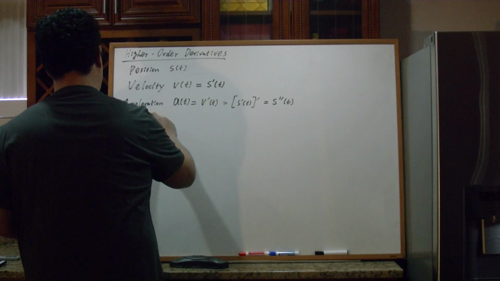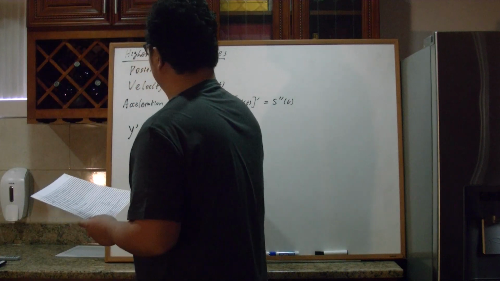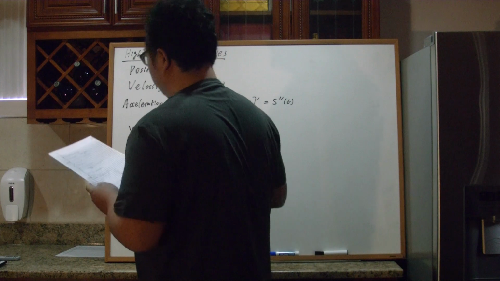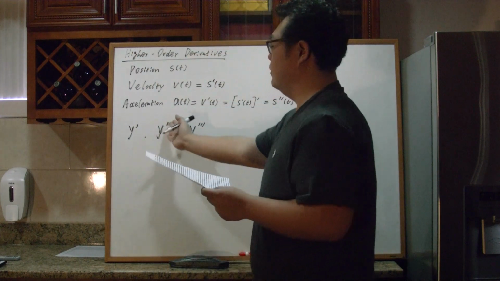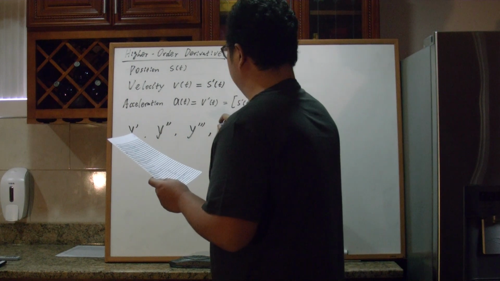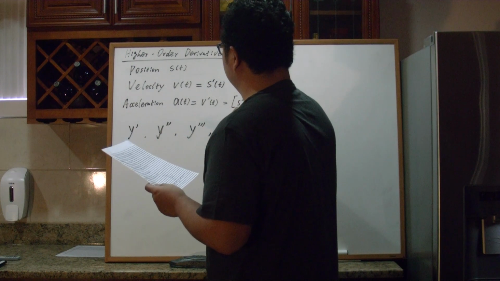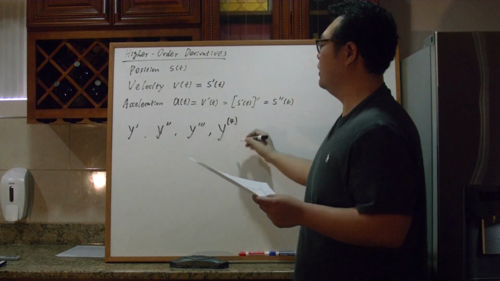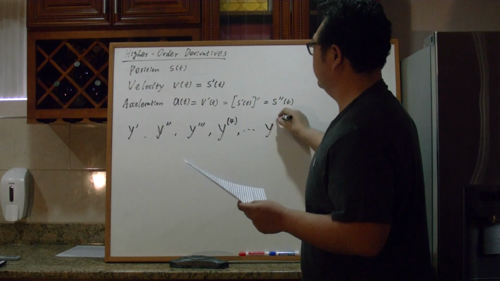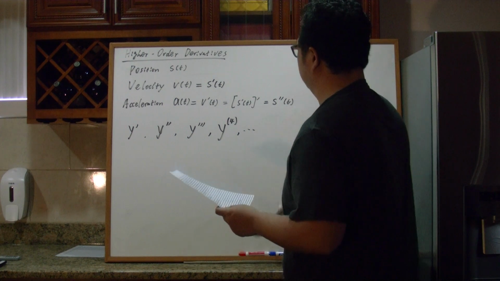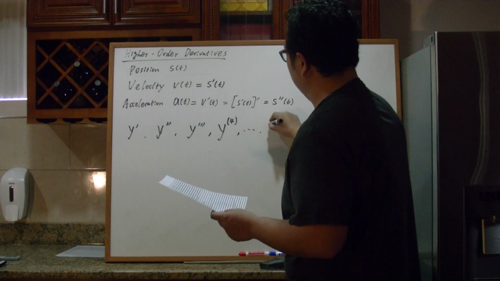First derivative, second order of derivative, third order, we still use prime, double prime, triple prime. But for the higher order, we use parentheses. Fourth derivative, we use parentheses of 4. For the nth derivative, for n bigger than or equal to 4, we use just parentheses around our n.